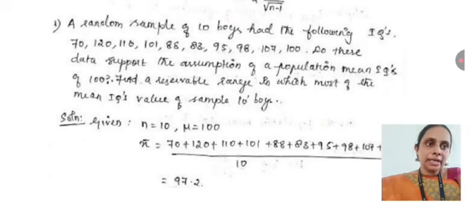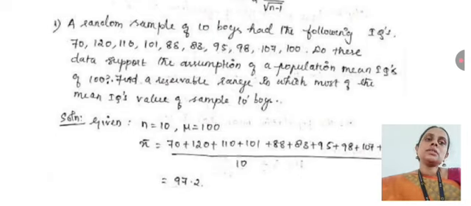The following are their IQs: 70, 120, 110, 101, 88, 88, 70, 95, 96, 107, 100. Do these data support the assumption of a population mean IQ of 100? Our condition is testing the hypothesis that the population mean is 100 or not.